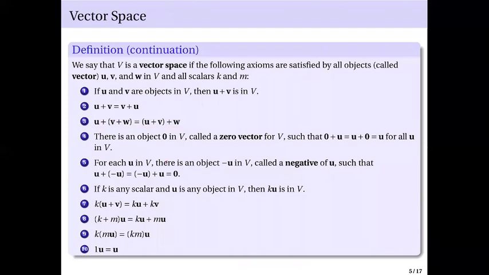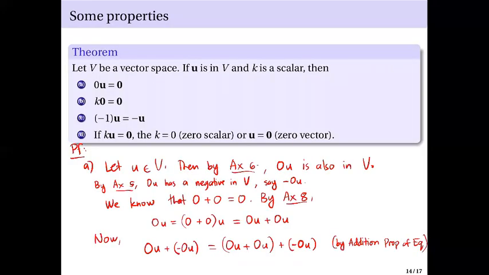We change the grouping, so we have 0u plus negative of 0u on the left, equal to 0u plus, grouped, 0u plus negative of 0u.